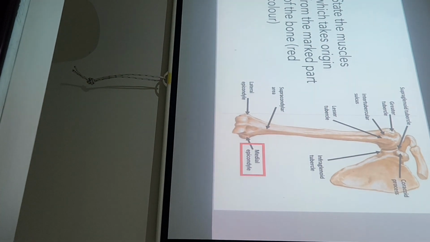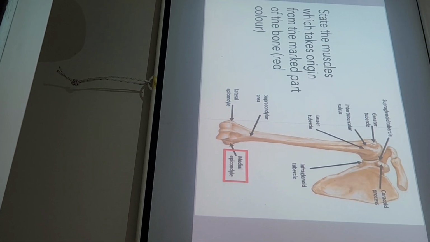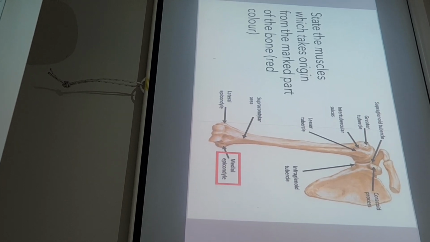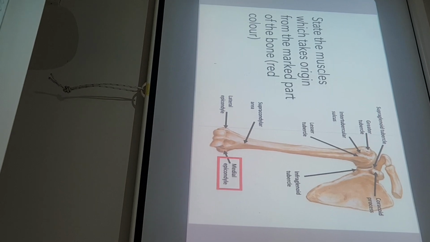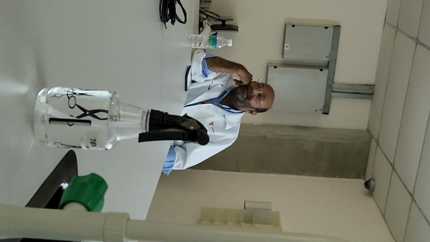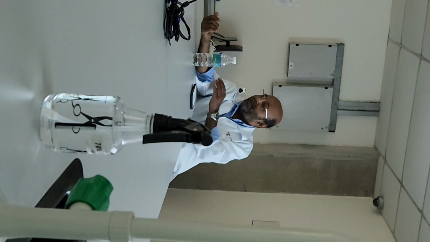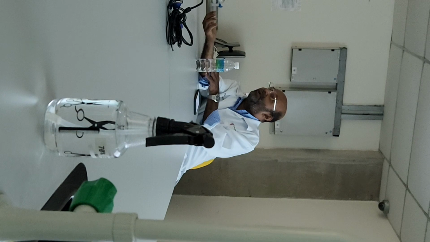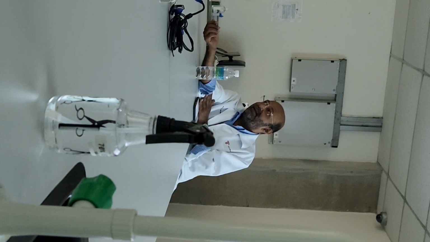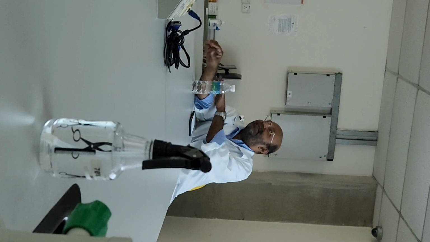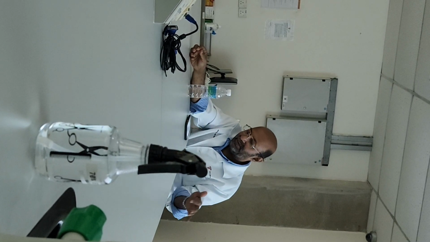The flexors, golfer's elbow. Yes, the superficial flexors of the forearm take origin from the medial epicondyle. From the lateral epicondyle, it is the superficial extensors. Yes, this I asked you.